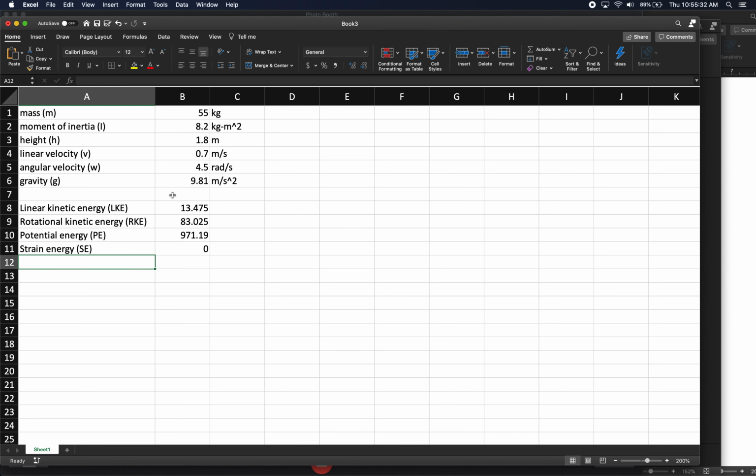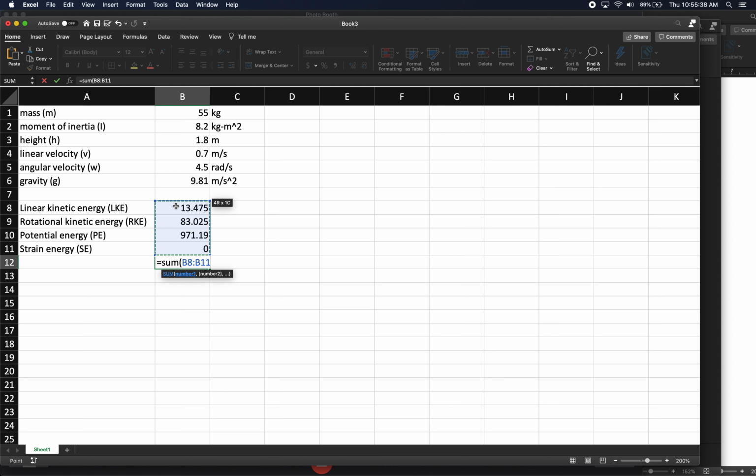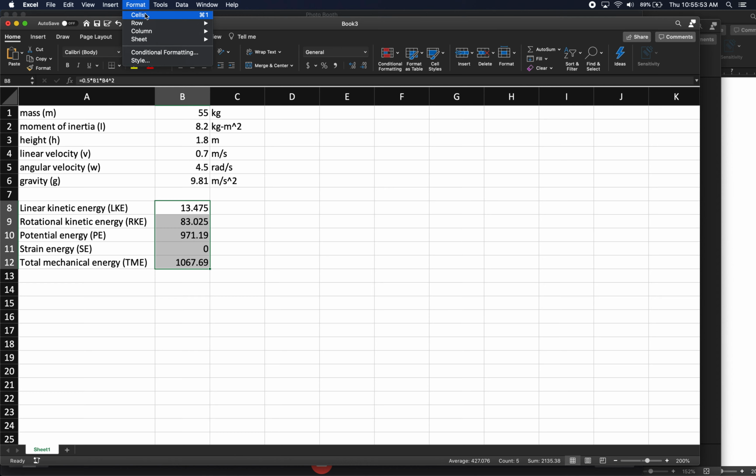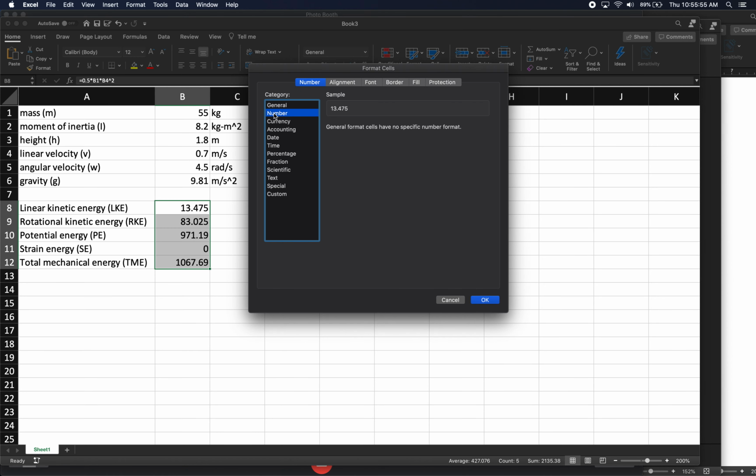Okay, if I take all four of these types of mechanical energy and sum them up, that gives me my total mechanical energy, or my TME. And this is what the first part of this problem is asking for. Let me set my units here just so this looks nice.